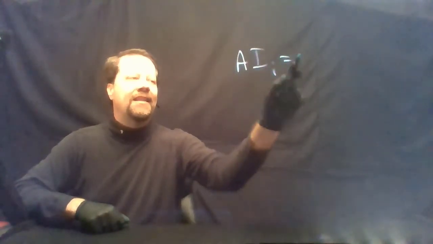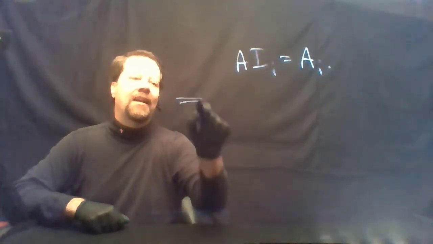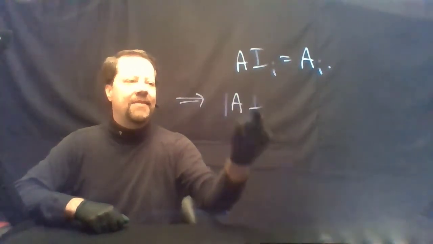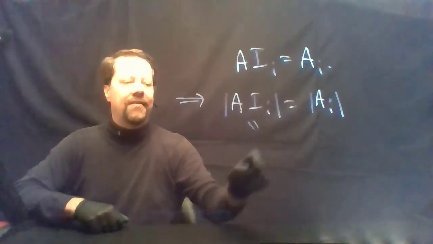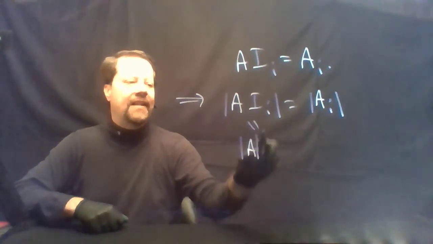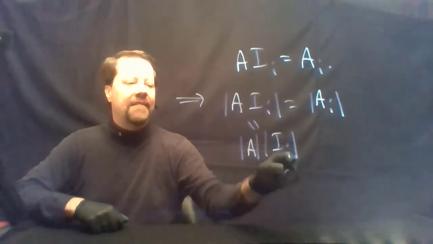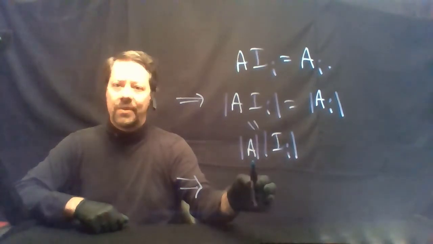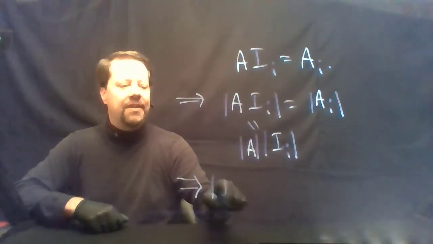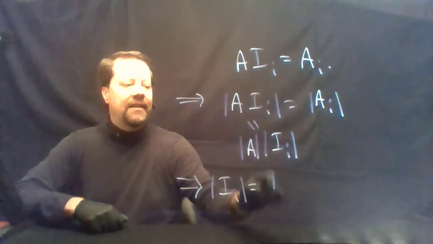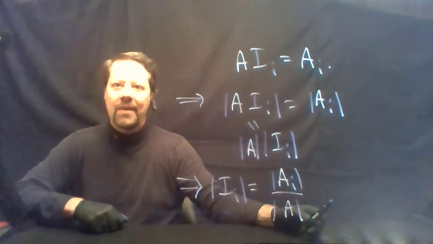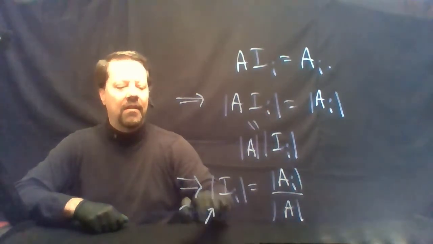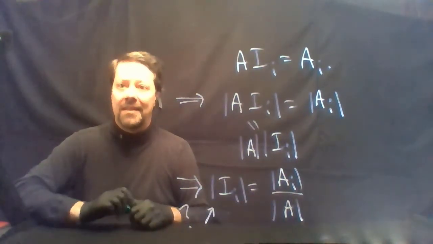So we have for sure that A times I sub I is A sub I. Now that implies that the determinant of A times I sub I is the determinant of A sub I. And on the left, that's the determinant of A times the determinant of I sub I. We're assuming the determinant of A is not 0, so the determinant of I sub I is the determinant of A sub I divided by the determinant of A. The only question that remains is, what is the determinant of I sub I?